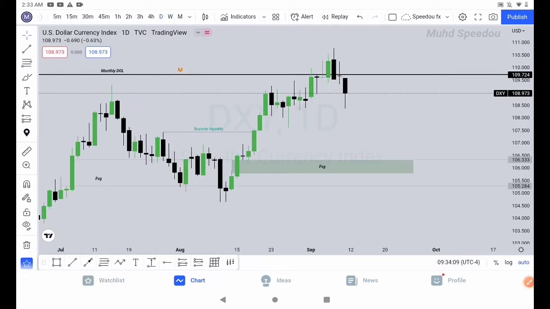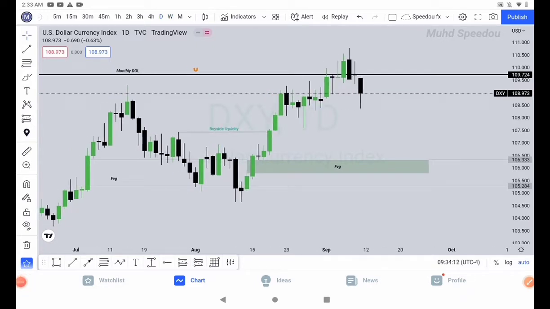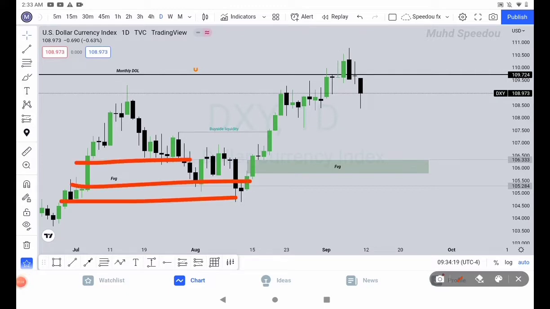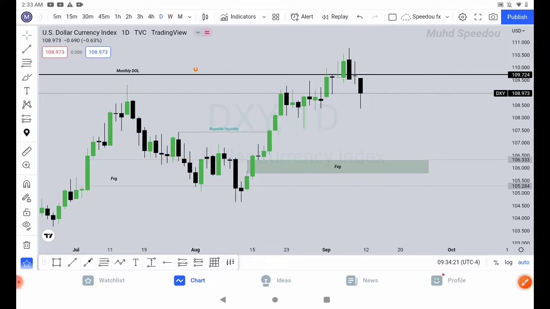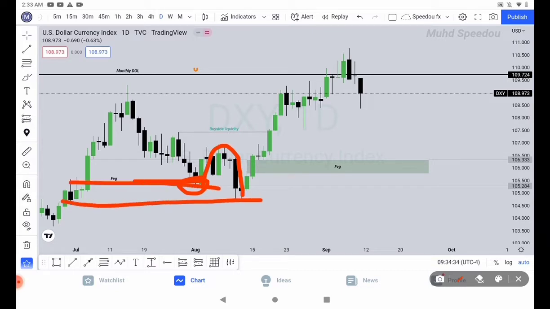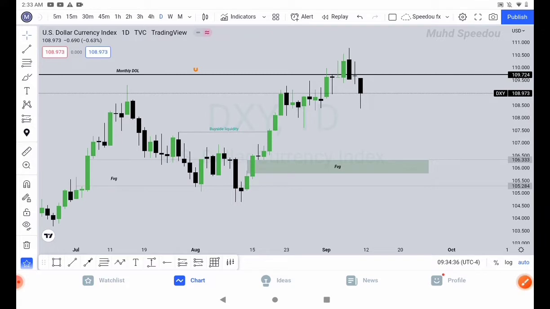This is the daily time frame, and let's study the past price action. You see right here price respected this fair value gap, and there was also a bullish order block, which later on, as price started rejecting from the bottom of the fair value gap, price returned all the way to tap into this bullish order block and then rallied.